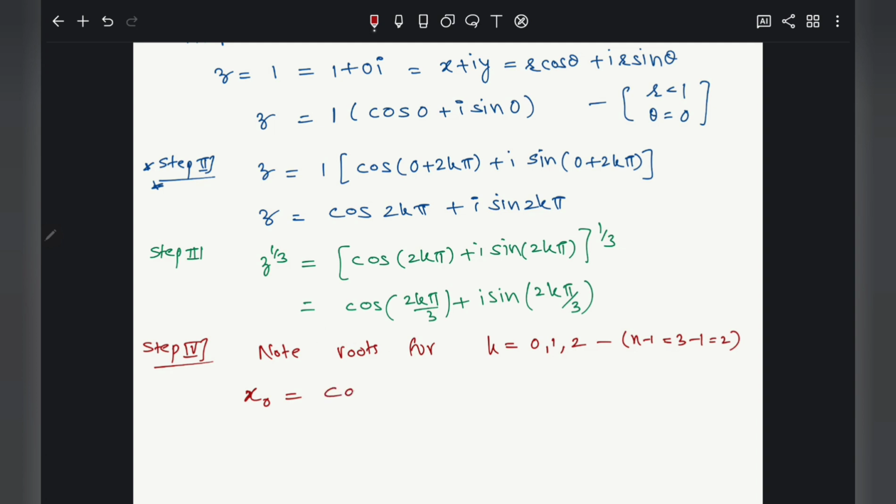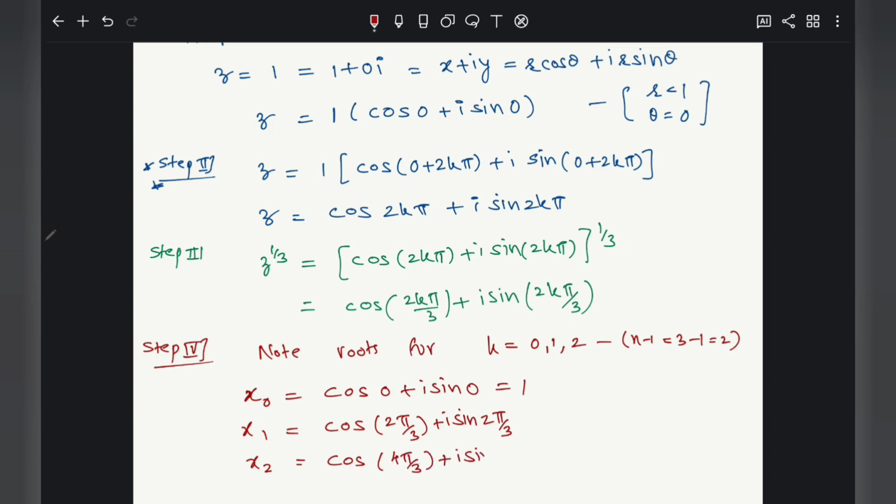It will be for k0, that is cos 0 plus i sin 0, that is 1 itself. Then x1 is for k1, that is cos 2 pi by 3 plus i sin 2 pi by 3. And x2 is cos 4 pi by 3 plus i sin 4 pi by 3.